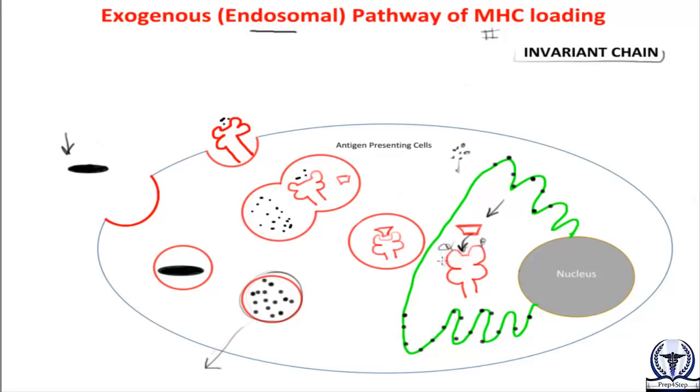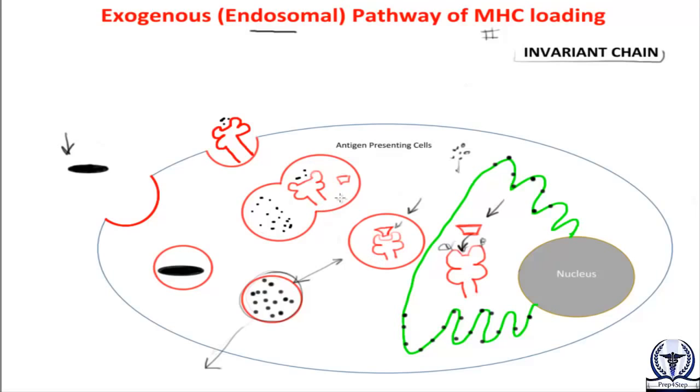As it's leaving the rough ER into the Golgi complex, designated for the cell surface, it's going to come into an endosome. It's going to be covered by a membrane, a vacuole, with the invariant chain, as you can see here, binding to the peptide groove. Once that happens, now these two are going to fuse, the vacuole with the foreign antigens and the MHC type 2.